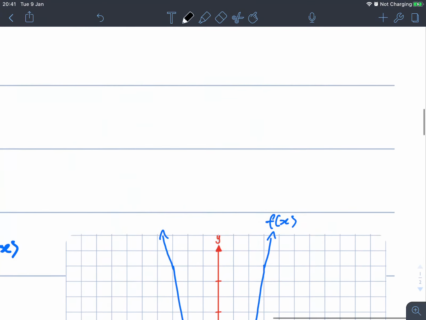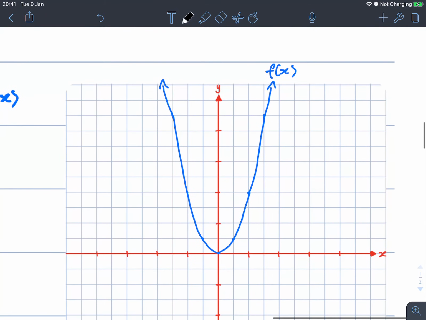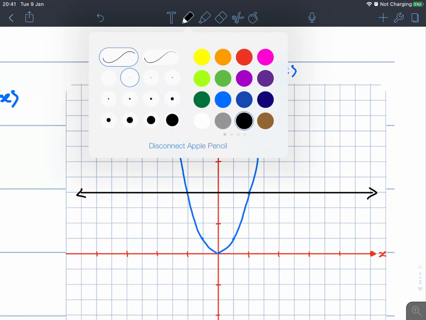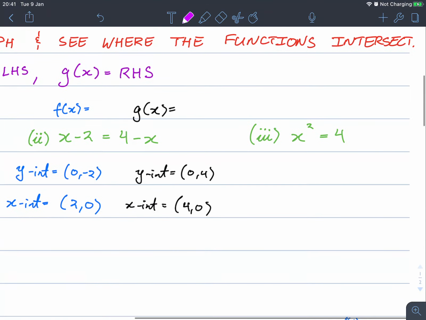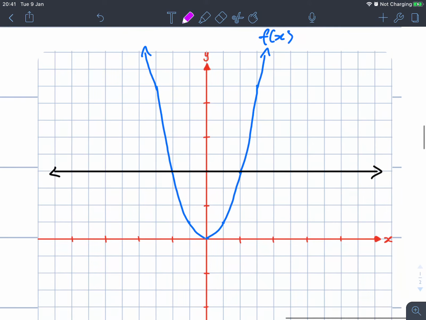Now graphing g of x. g of x is equal to 4, that's just a horizontal line at y equals 4. So we get a horizontal line like this. Once again, the equation x squared equals 4 literally translates to: at which x values do the two functions meet?